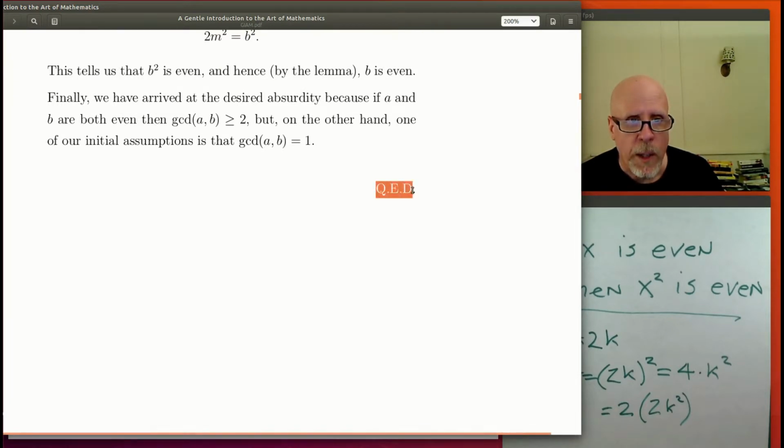This marking here, pushed over to the right-hand side, is kind of old school. It's QED, which stands for quod erat demonstrandum, which is Latin for basically that which was to be shown, or that which was to be demonstrated.